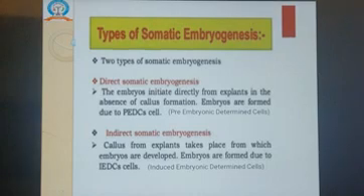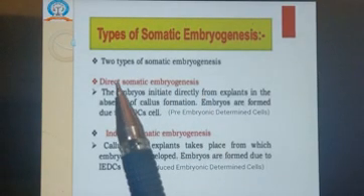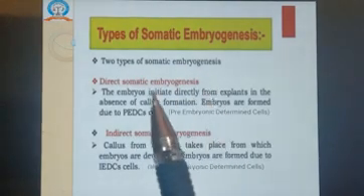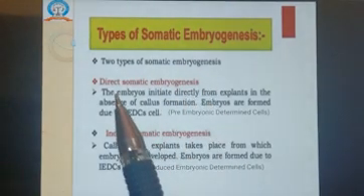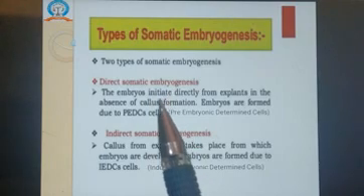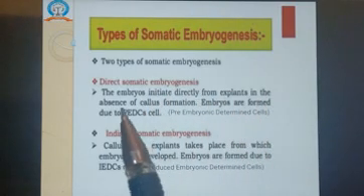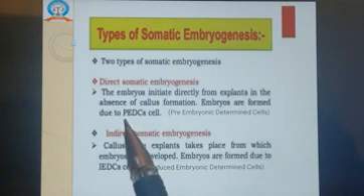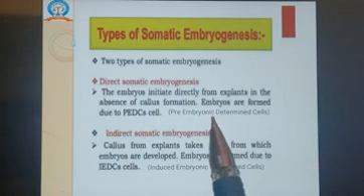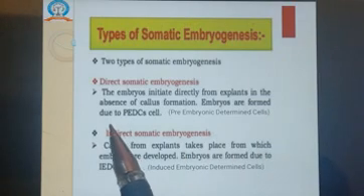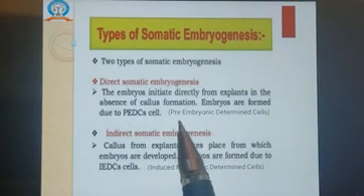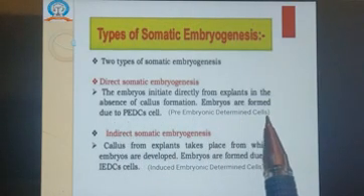Then types of somatic embryogenesis. There are two types of somatic embryogenesis: direct and indirect. In direct, the embryo initiates directly from the explant, in the absence of callus formation. Embryos are formed due to PEDCs, meaning pre-embryonic determined cells.